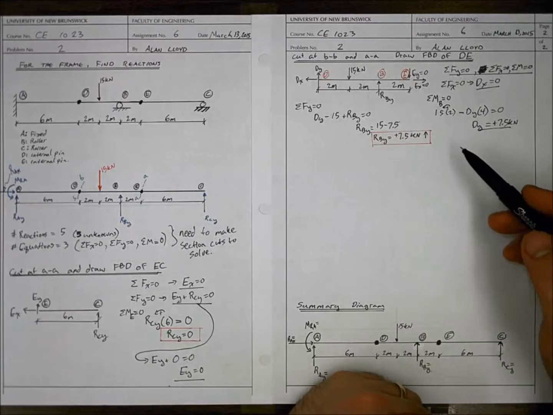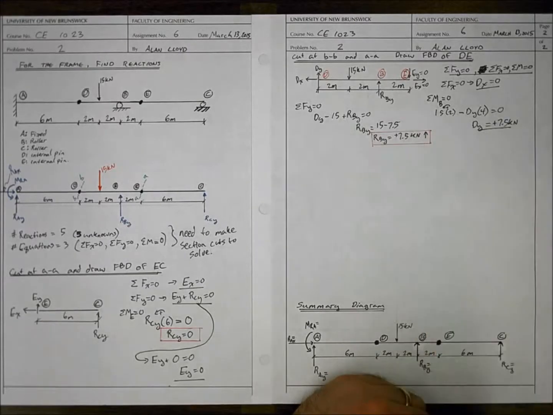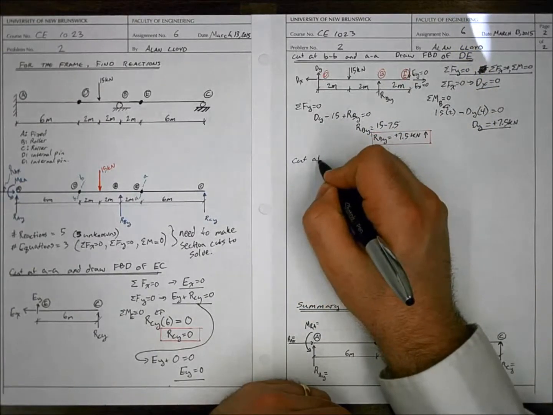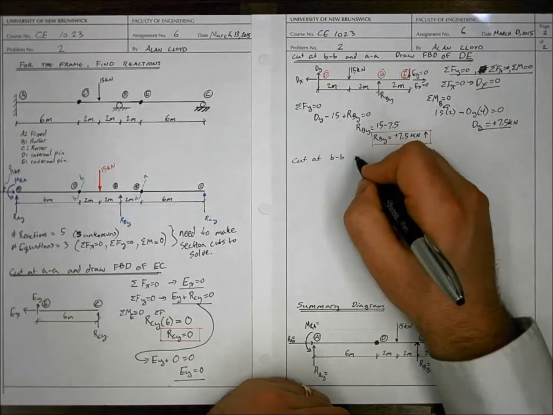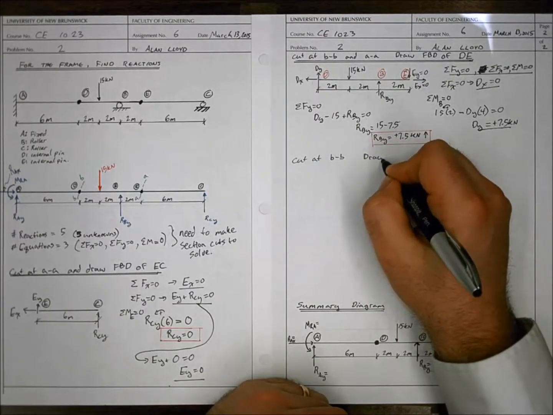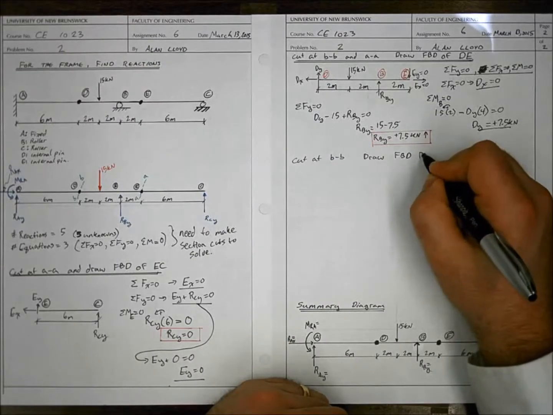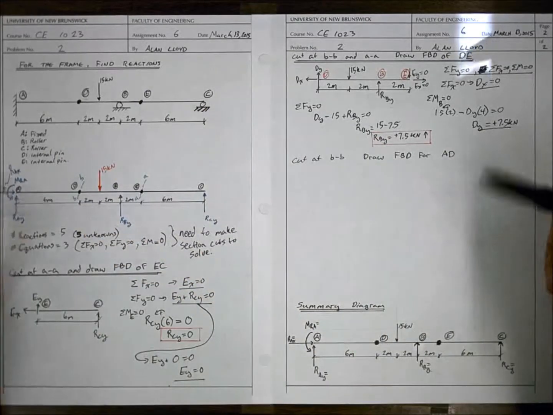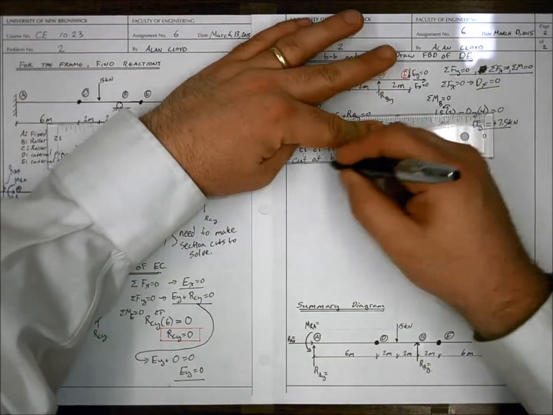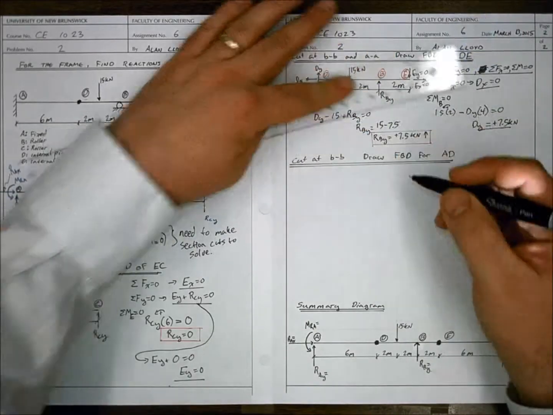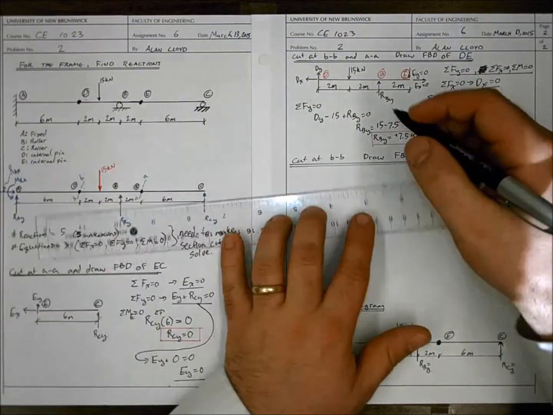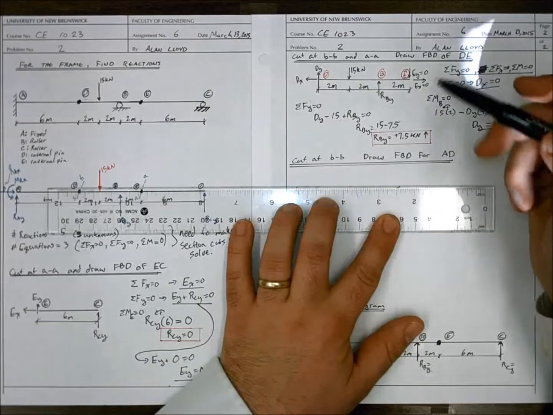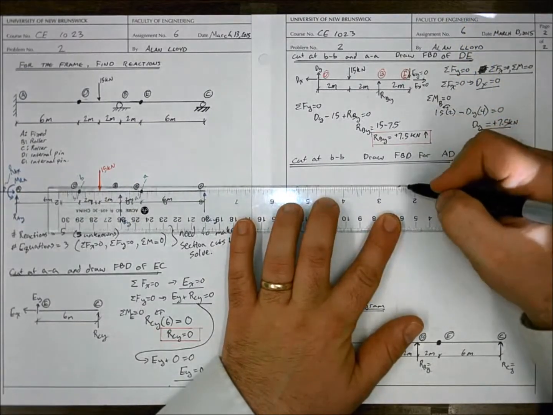Now we're finished with this free body diagram, so we can take what we learned about DY and DX and apply them to the other side of the cut. We will now cut at BB and draw a free body diagram for AD, so A to D. To that we'll apply the forces at D equal and opposite to the location of our cut. We found them at DY acting up on member DE. That means member DE is pushing down on member AB, or AD.